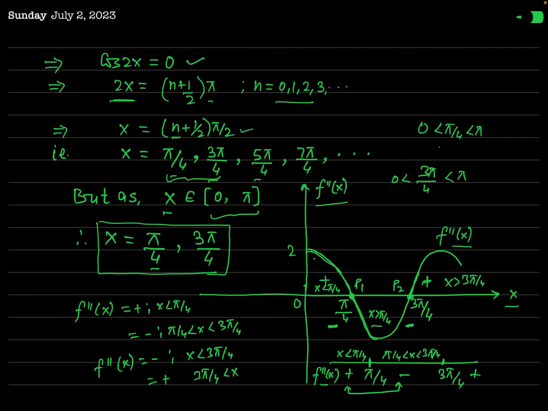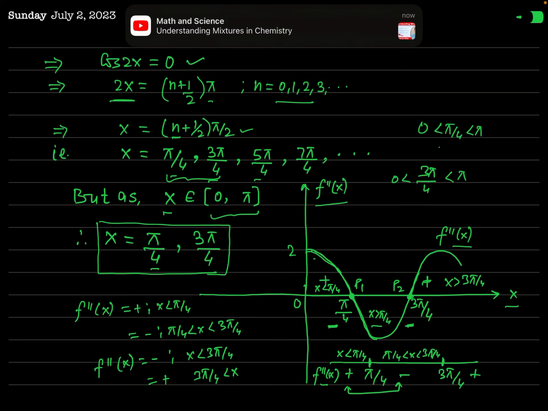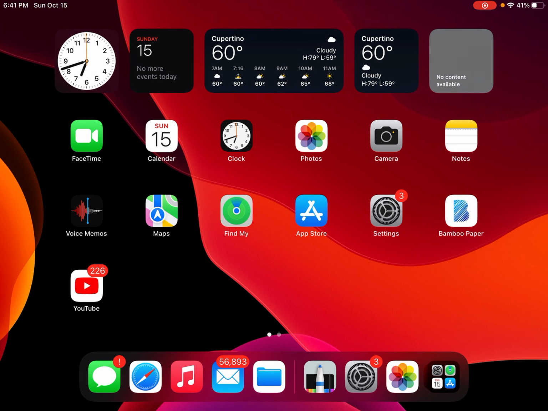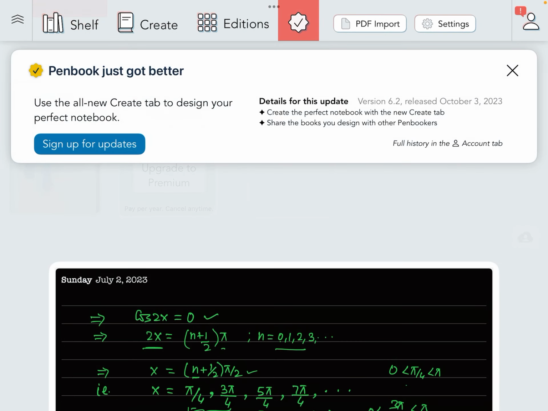But at the second inflection point, 3 pi by 4, the situation is just reverse. Here the sign of f double dash of x changes from minus to plus, that is negative to positive.